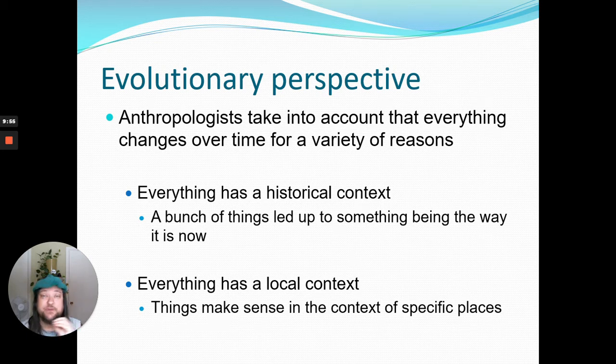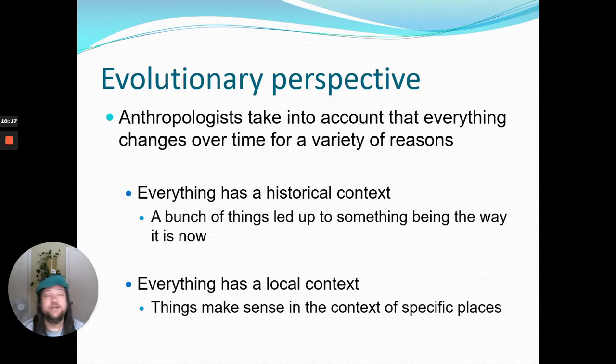And that applies to both our biological beings as humans and the cultural aspects of being human. They all have a track record, and everything has a local context. Meaning that those changes that have happened were adapted to specific contexts and particular places.